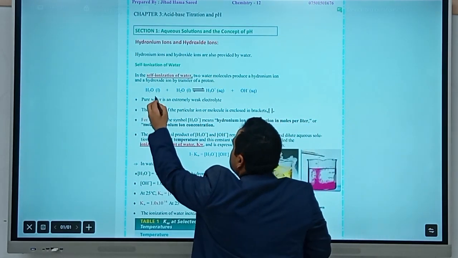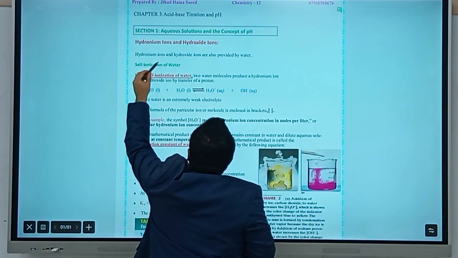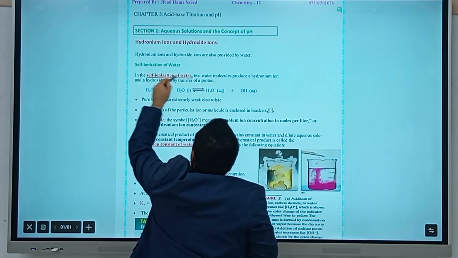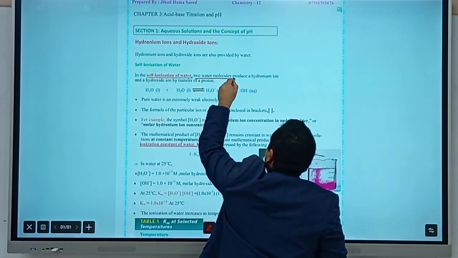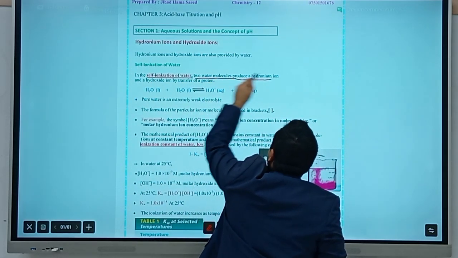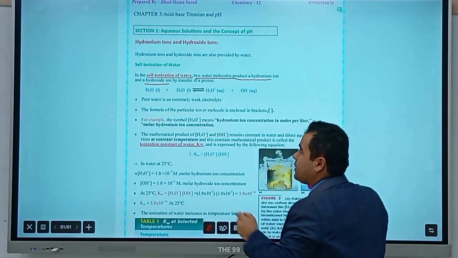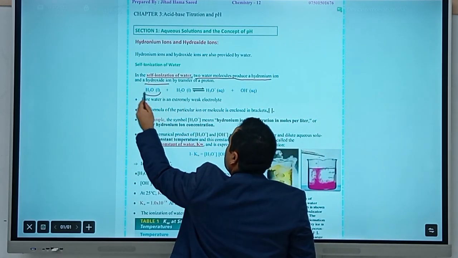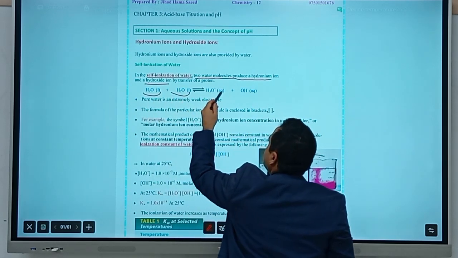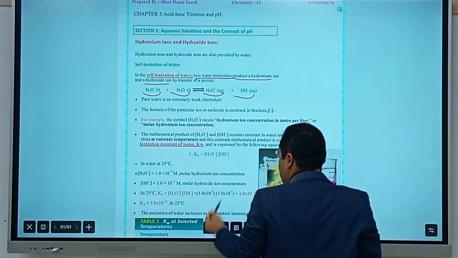So the self-ionization of water is what, guys? It is the reaction of two water molecules to produce hydronium and hydroxide ions. As it's written, guys, H2O reacts with H2O to produce hydronium and hydroxide.